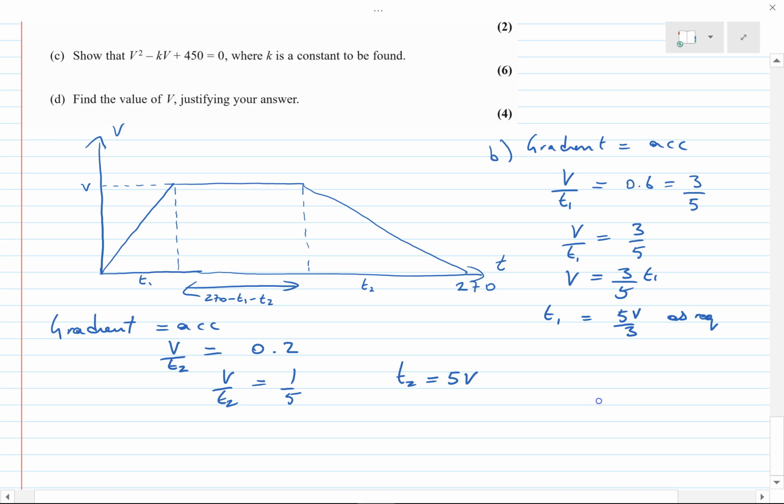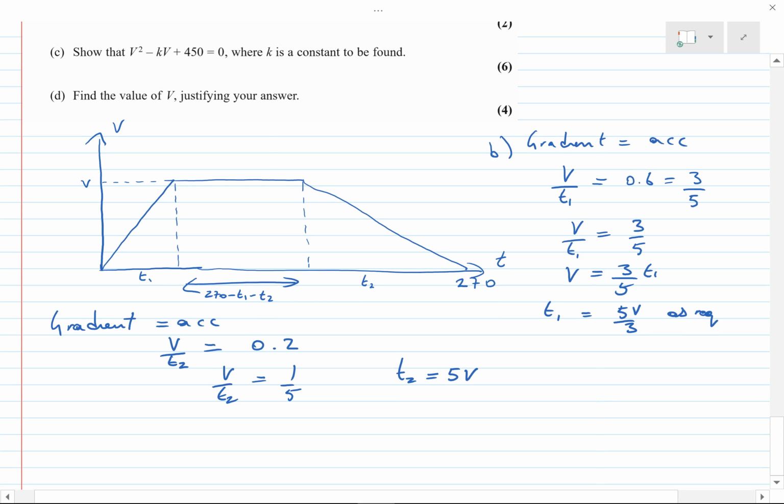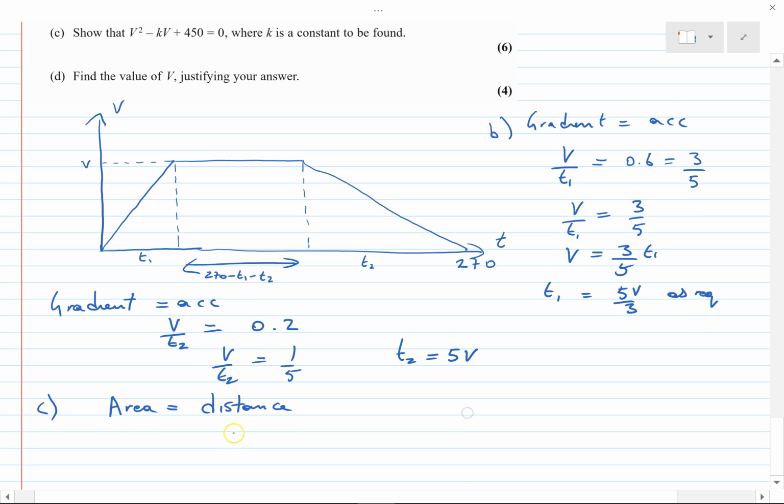Okay, so now it's a case of just setting up our quadratic equation. Area under the graph equals distance. So we've got half times v times t1, that's this triangle here, plus the time here, which is this bit here, that's 270 minus t1 minus t2, but that's a rectangle, times v.